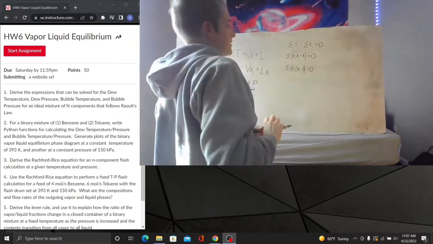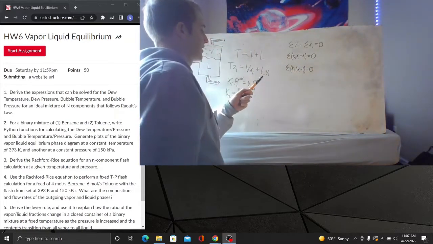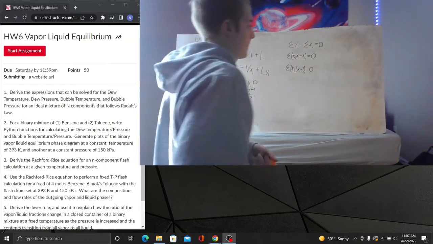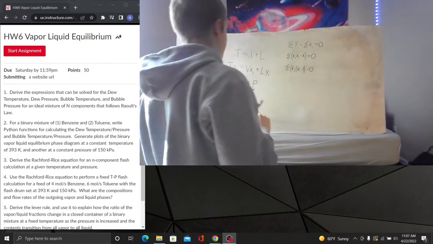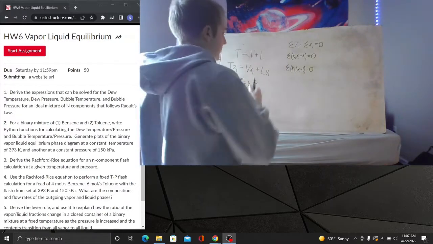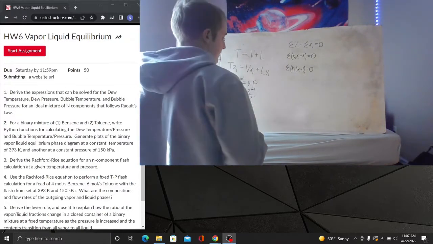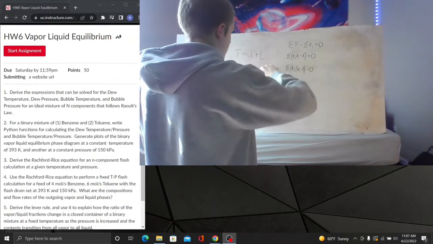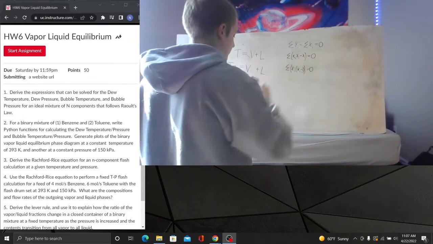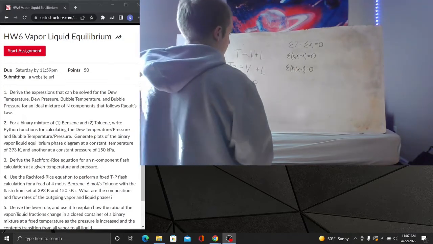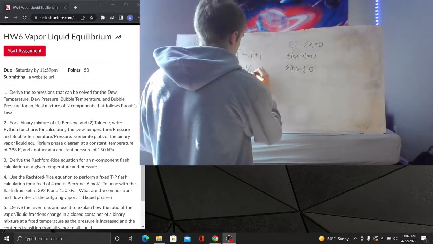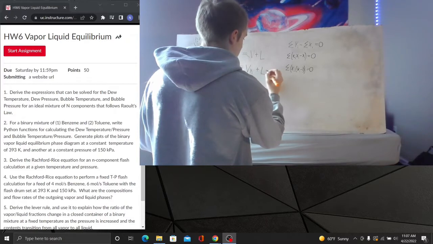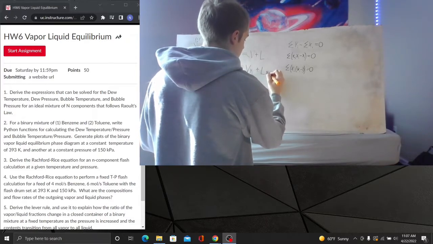And how we're going to substitute something in for xi is using this equation here. And actually, I noticed that there's a little mistake here in this equation. Our xi is supposed to be the mole fraction for the liquid, and y is for the vapor. Y here and xi here.